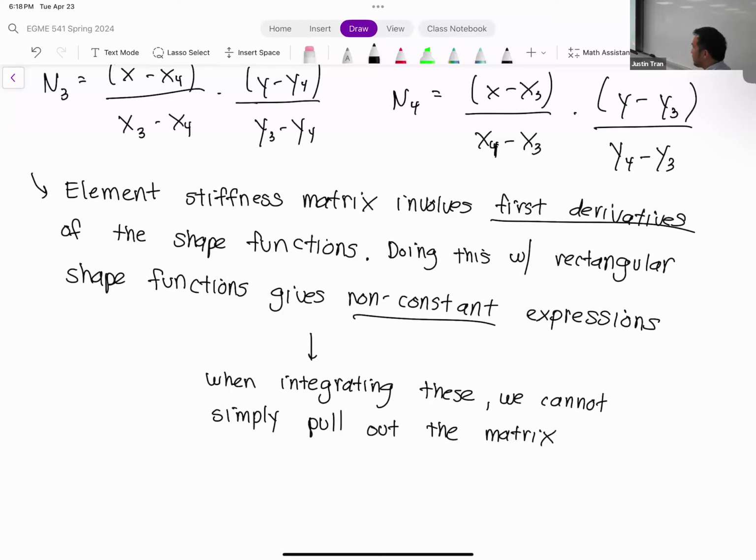The only reason we were able to do that with the triangular element was that everything in the matrix was a constant. But if it's still a function of x and y, then we still have to integrate it.